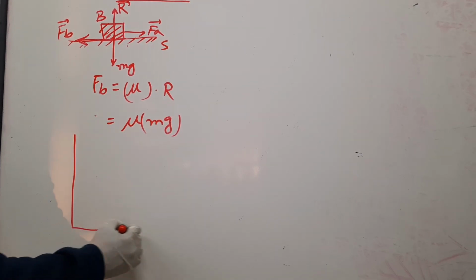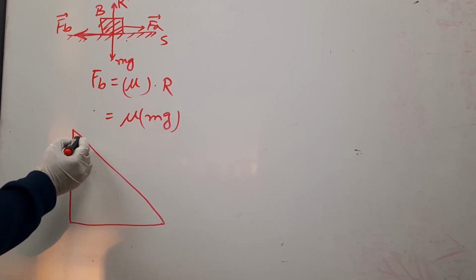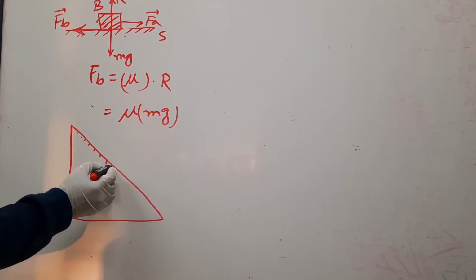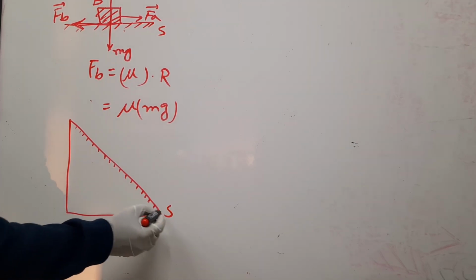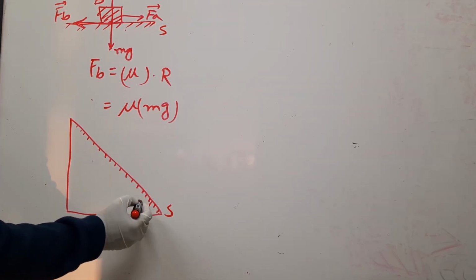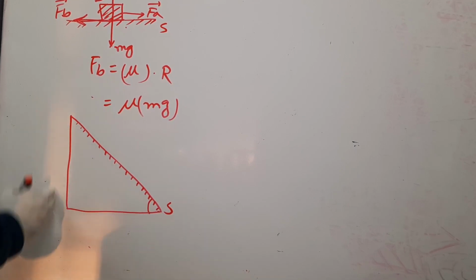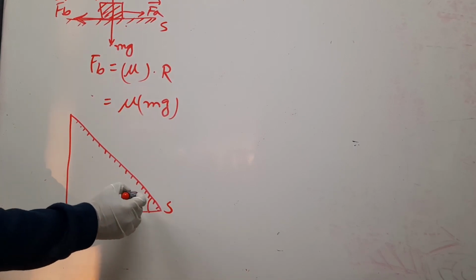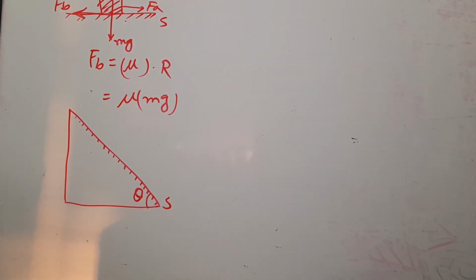Now let's extend this idea to an inclined surface. Let's consider we have an inclined surface S, and the inclination angle is theta.